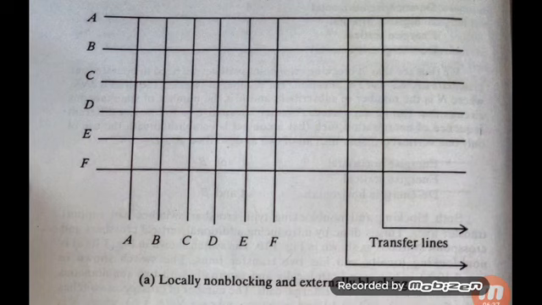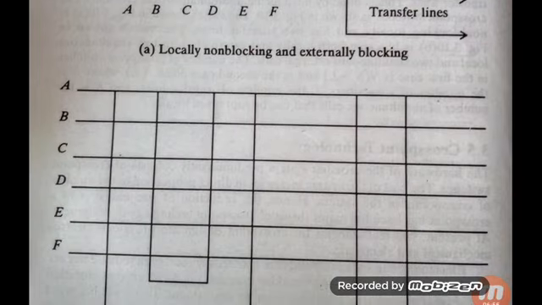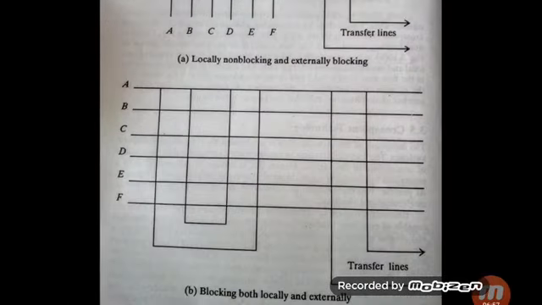For example, A is calling F, so AF will be latched. That means AF will form a group and it will propagate data information through the transverse lines. The second one is non-blocking, both local and external.